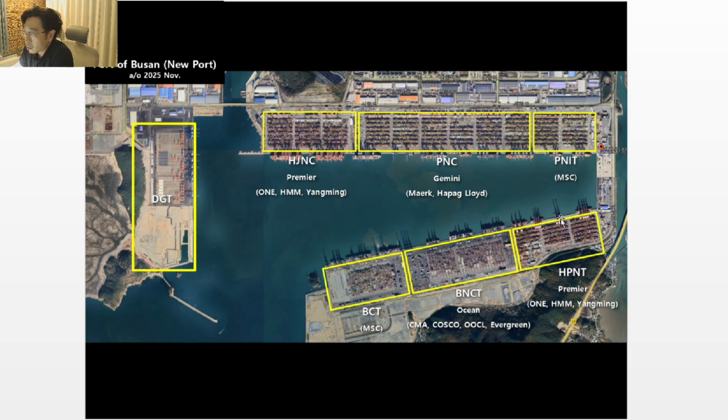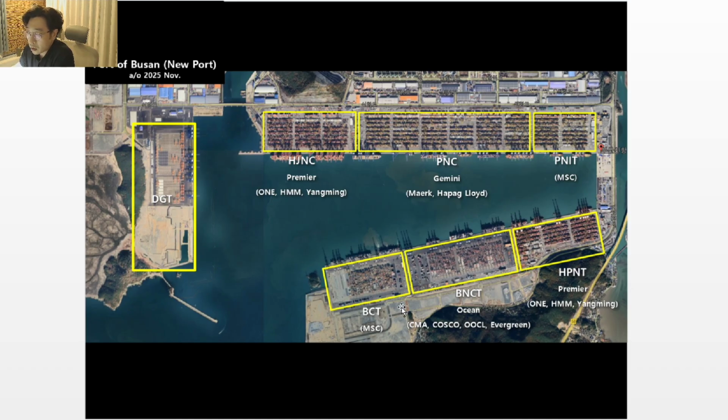And in the southern part, we also have 3 terminals named HPNT, PNCT, and BCT. In the case of HPNT, the Korean flag mega carrier HMM, ex Hyundai Merchant Marine, is calling at HPNT. They also have shares in the HPNT terminal. In BNCT, Ocean Alliance members like French carrier CMA CGM, Chinese COSCO and OOCL, and Taiwanese Evergreen are calling.